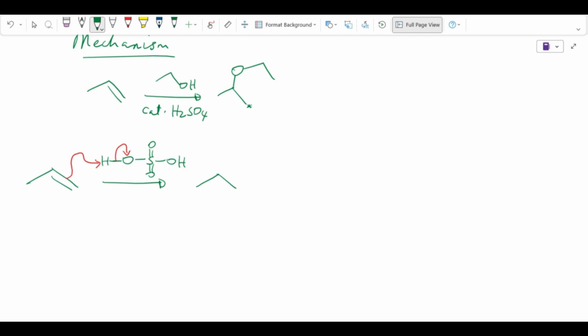So when you break that pi bond, this is carbon 1, this is carbon 2. Hydrogen will always go to carbon 1, and then the positive charge will be on carbon 2. So we're going to form a carbocation intermediate, a secondary carbocation intermediate. Of course, the conjugate base of the acid will also form.